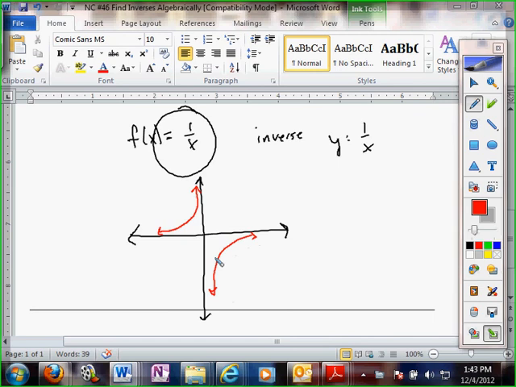And so without a doubt, even looking at this graph, you should already know, now that I've told you, that since this is basically a reflection in the line y equals x, this one graph is going to be its own inverse, because it already has that symmetry or reflection in the line y equals x.